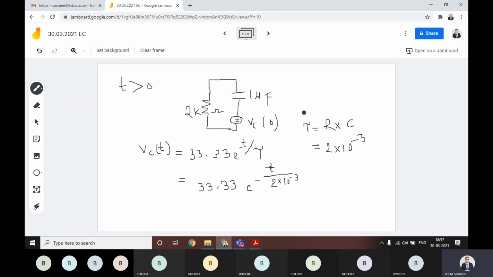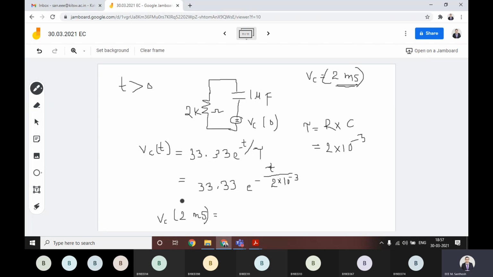Then in this problem they are asking for VC at 2 millisecond. That means VC of 2 millisecond, the time value they have given. The t value, time, is equal to 2 millisecond. How much is the voltage at time 2 millisecond? They may ask you like this.